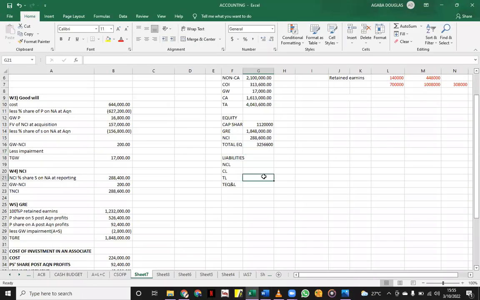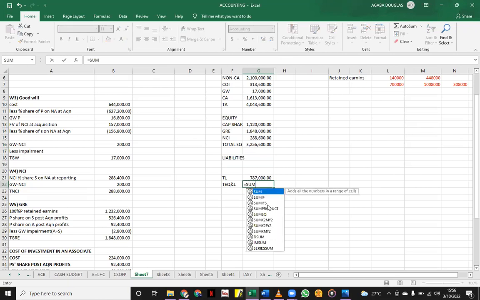The total liabilities is 787,000. So we'll currently ignore maybe this, and then we'll ignore this as well, so that we have an organized kind of work. So let's put in commas, and then we'll see our total equity plus liabilities, what it gives us. So we'll say sum, and then we'll say this, and then this.